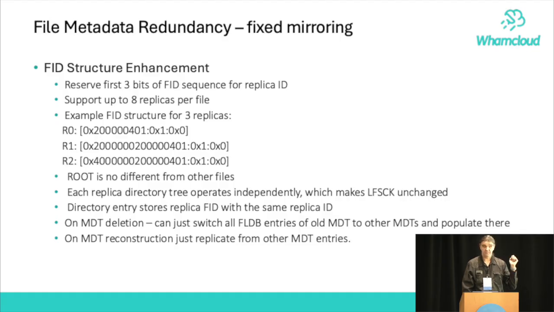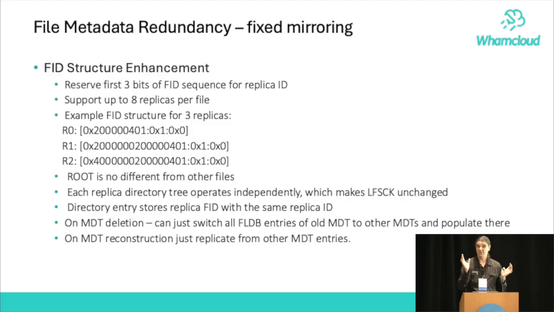And in the FLDB, we will record all 3 of those sequences, and they would be pointing to different MDTs. And when you write the transactions to those other MDTs, the FID inside is automatically replaced with whichever one fits that one. So automatically you have parallel trees totally replicated.